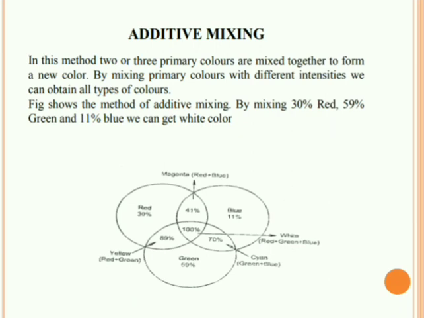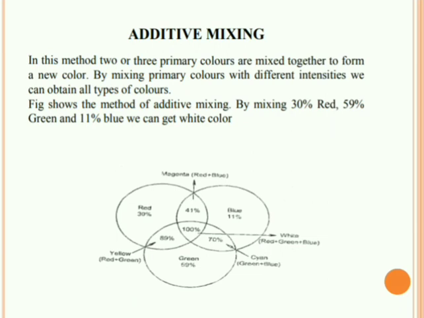Then we will form a white color. As you can see in the diagram, where 100% is written, the white color is given by the arrow. In brackets it is given red plus green plus blue, where red is 30%, green is 59% and blue is 11%. That is nothing but additive mixing, how white color is formed.